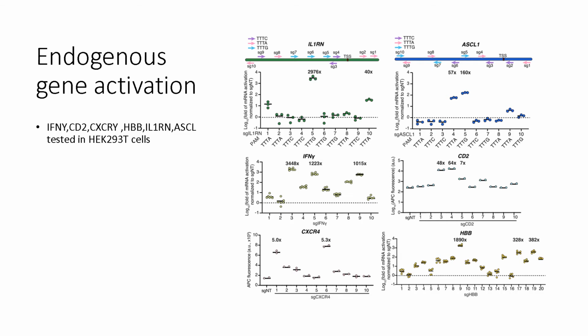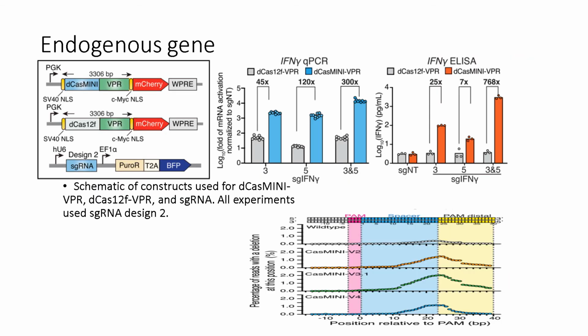So dCas-mini VPR outperforms dCas12F VPR for endogenous gene activation and is comparable to dCas12a, with both effectors using the optimized single guide RNA scaffold. For all single guide RNAs tested, we observed consistently enhanced activation for each gene.